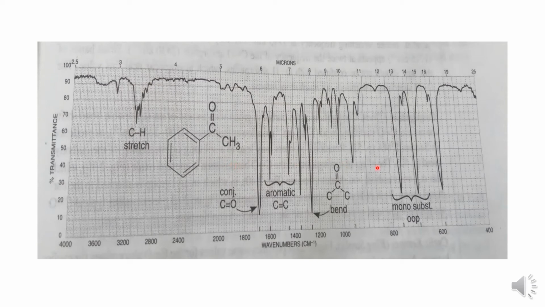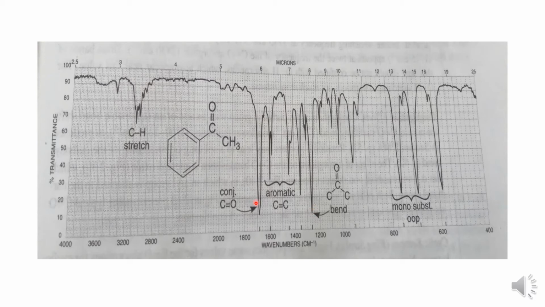This is an example of an IR spectrum of a ketone. In this spectrum, the most important band is the carbonyl stretching frequency, which occurs in the region 1720 to 1708 per centimeter. The second frequency we notice is the bending frequency, in the range 1300 to 1100 per centimeter.